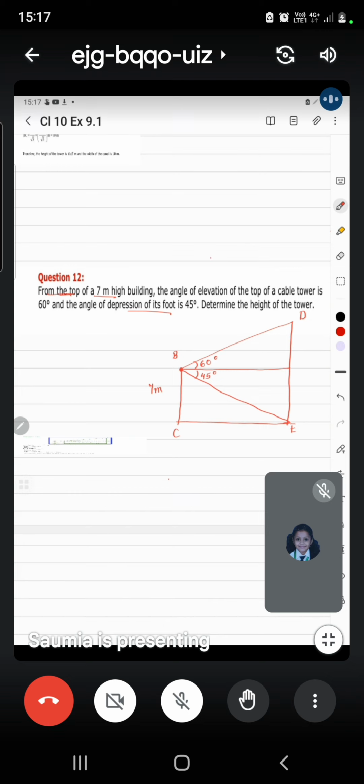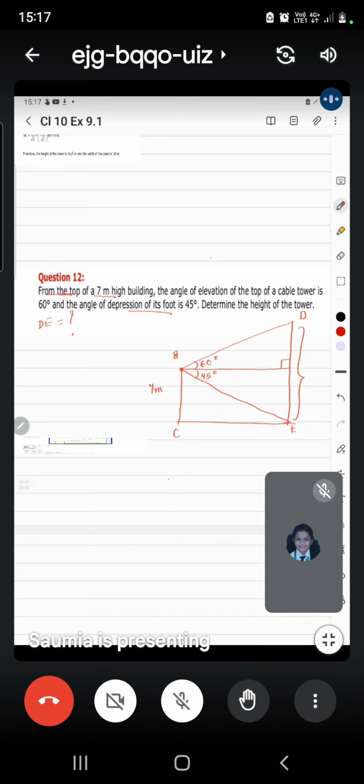Now, we are supposed to find out the height of the tower. That means we are supposed to find out this. DE is what we are supposed to find out. We all know we are going to make use of trigonometry, so we should have right angle triangles. One right angle triangle I have here. Now, a part of my tower is available with me.